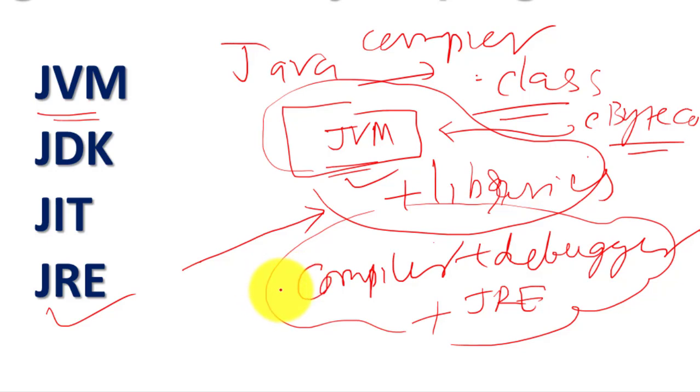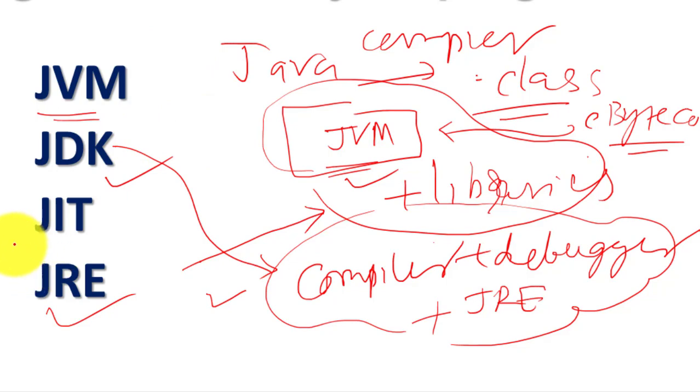Many applications are there which are used for development. So if you get all these things, then you get JDK, that is known as Java Development Kit. So here the right answer would be JDK because we want to compile, debug as well as execute. So JDK is the right answer.